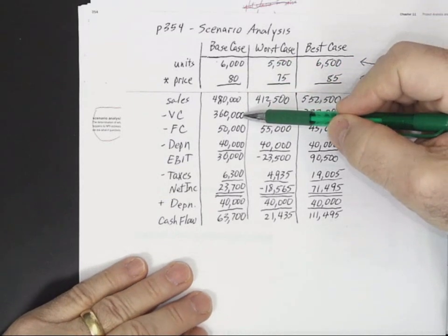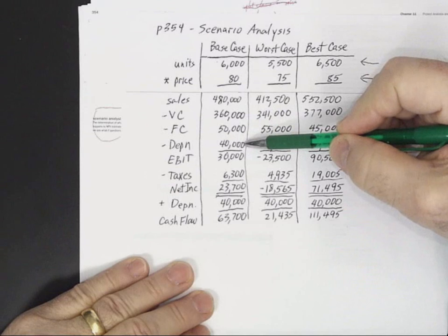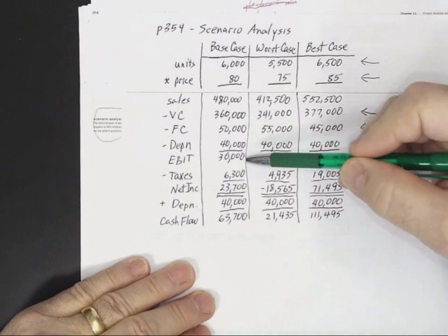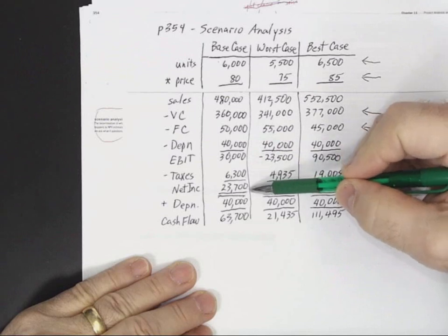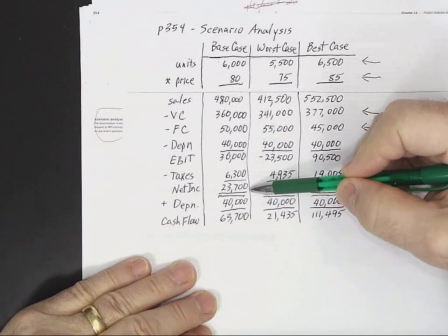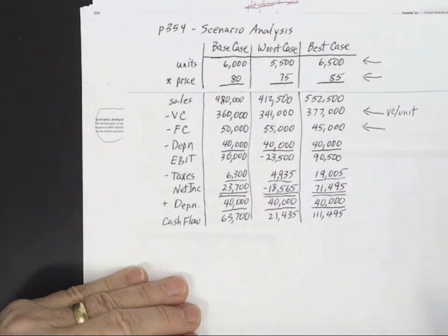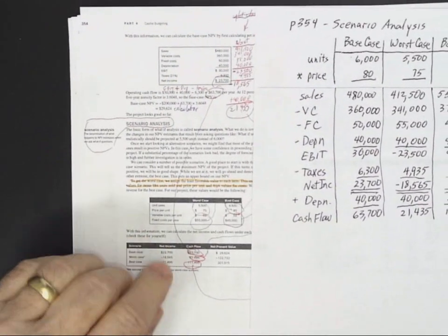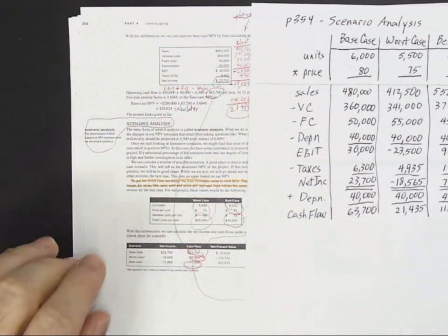That's 360,000. Fixed cost of 50, depreciation of 40. That gives us an EBIT of 30,000. Taxes at 21%, 6,300. That gives us a net income of 23,700. Add depreciation to get cash flow of 63,700. And that's really what we have up here, except without showing the depreciation part.